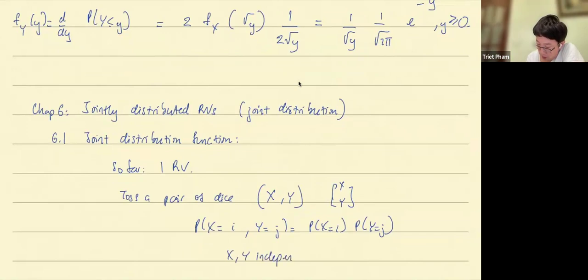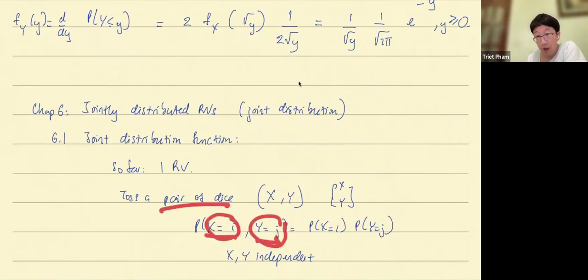In fact, we have not defined what it means for two random variables to be independent yet. What I should say is that these events are independent for any i and j: the events x equals i and y equals j for the fair dice. So that's what it really means for x and y to be independent.